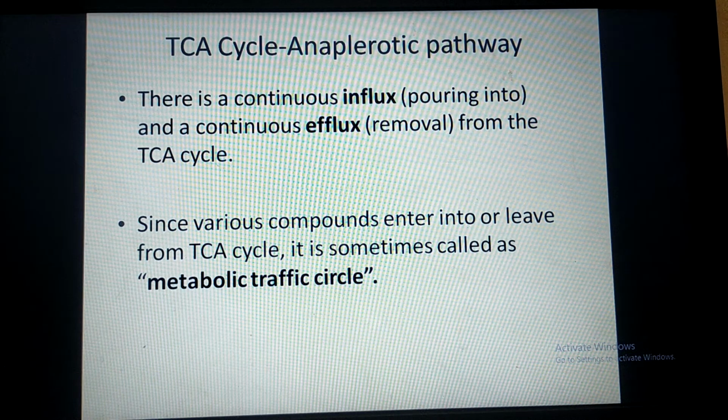Anaplerotic nature means there is continuous influx, meaning adding into, and continuous efflux, that means removal from the TCA cycle.